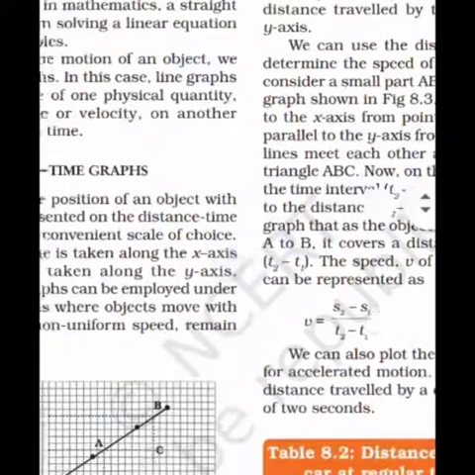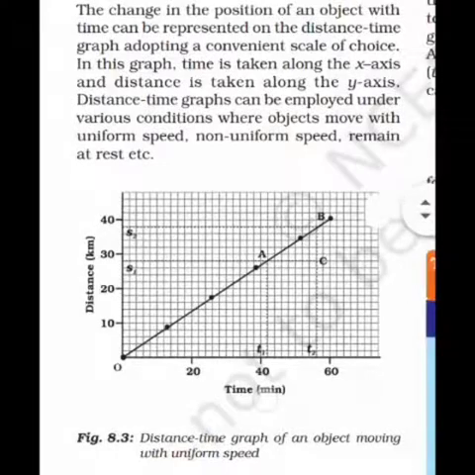Now, this one is the point A and this one is the point B. What we have to do is draw a line from here parallel to the x-axis, and from point B parallel to the y-axis.